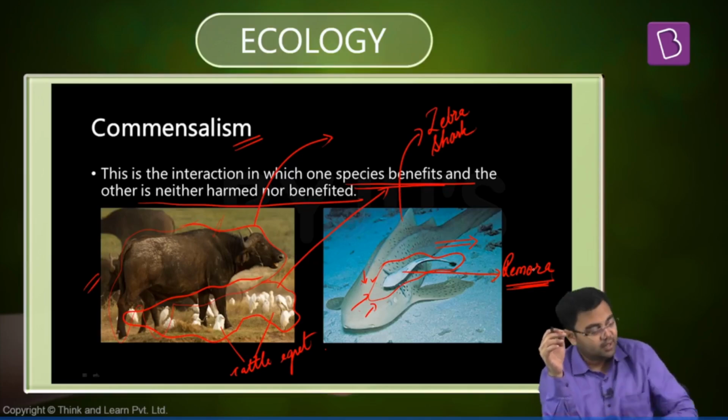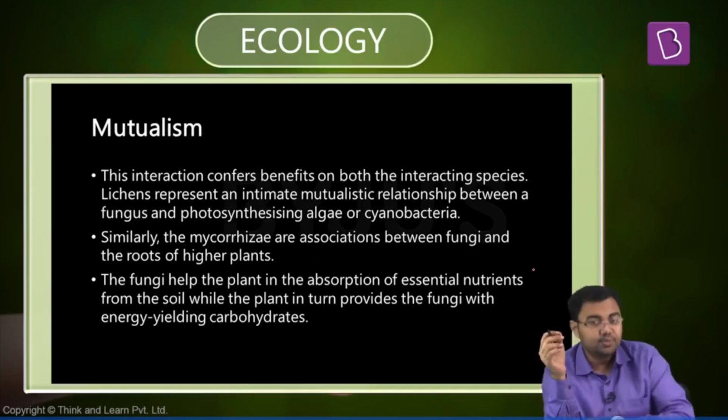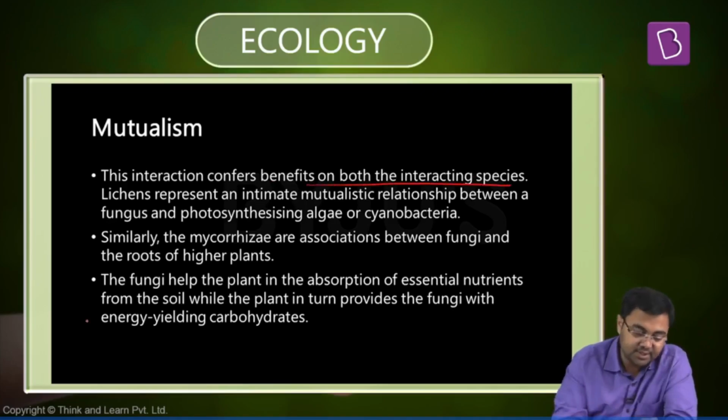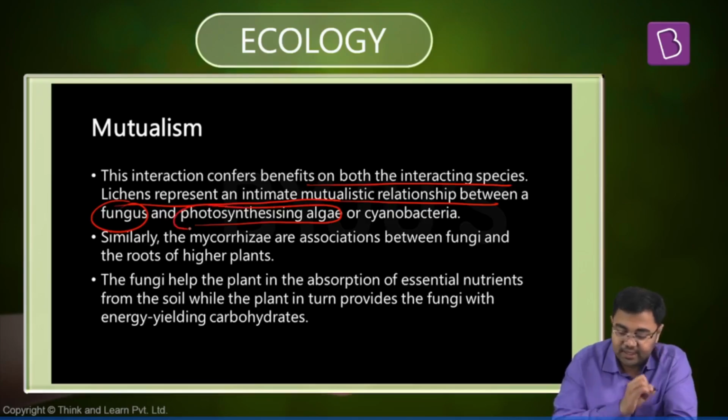Then the next one that we come to is mutualism. What is mutualism? Interaction confers benefits on both the interacting species. For example, lichens represent an intimate mutualistic relationship between a fungus and a photosynthesizing algae or cyanobacteria.